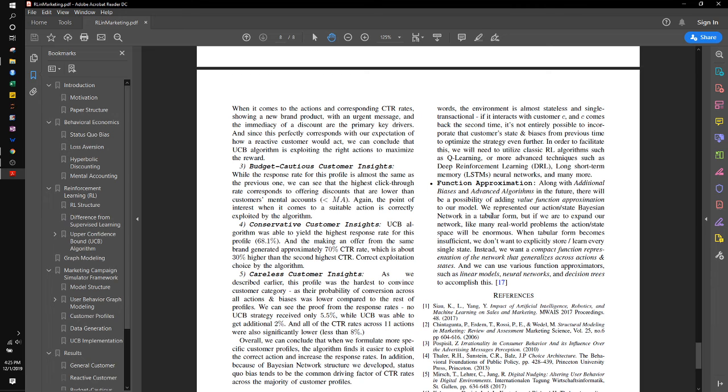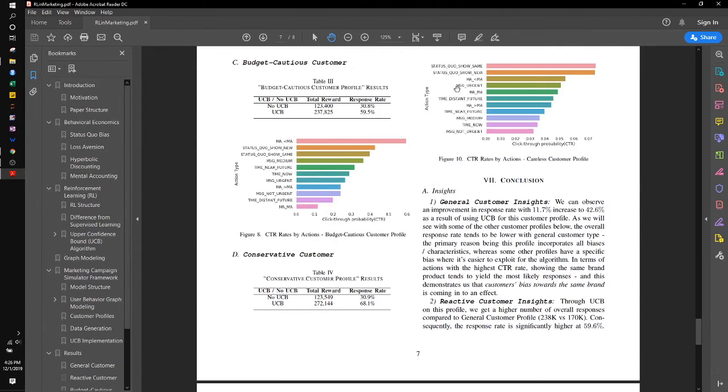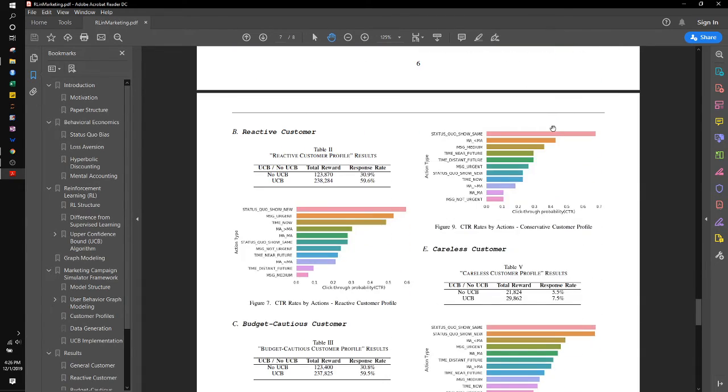So in that case, we want a more compact function that represents the network and generalizes across everything really well. So we can use function approximation. But as the results section shows, as you can read through, we obtained pretty impressive results, especially for each customer profile. And we believe that's a strong indication that we're on the right path, and this can be researched further and developed even more.